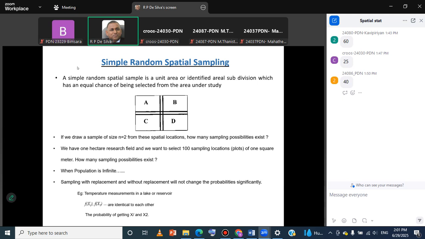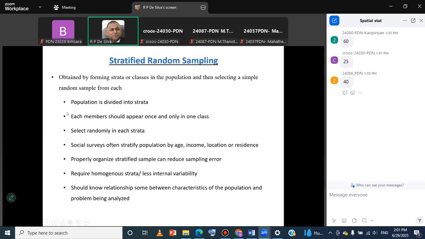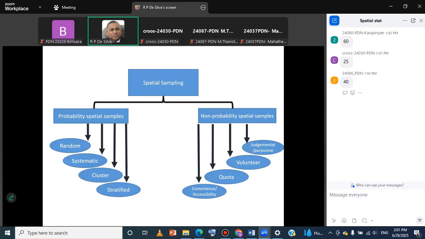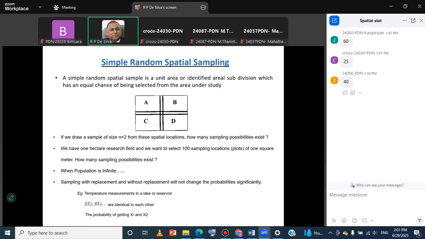Right, we'll move into the next one, stratified random sampling. Now earlier we went into simple random sampling. A lot of people think random sampling is good. So simple random spatial sampling is good for certain things, but not good for everything.